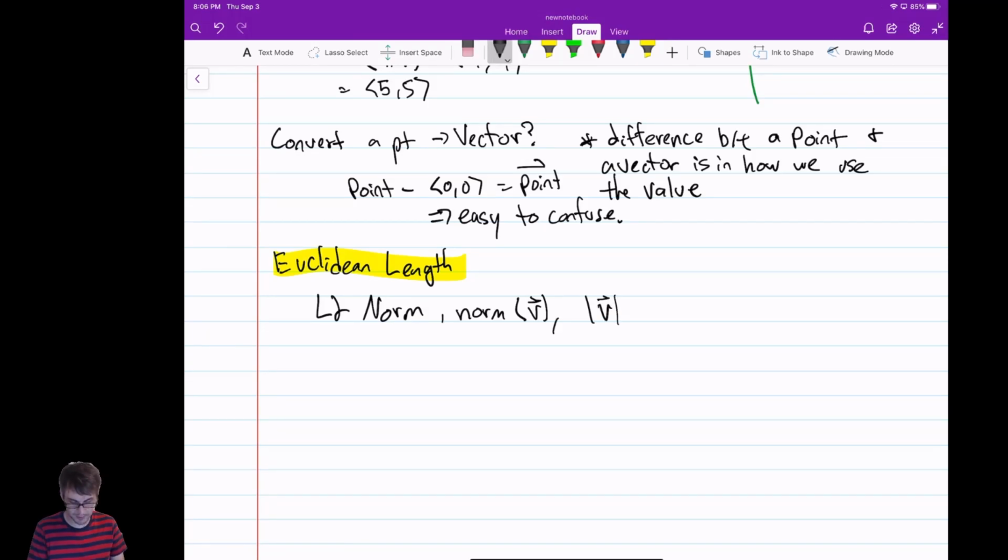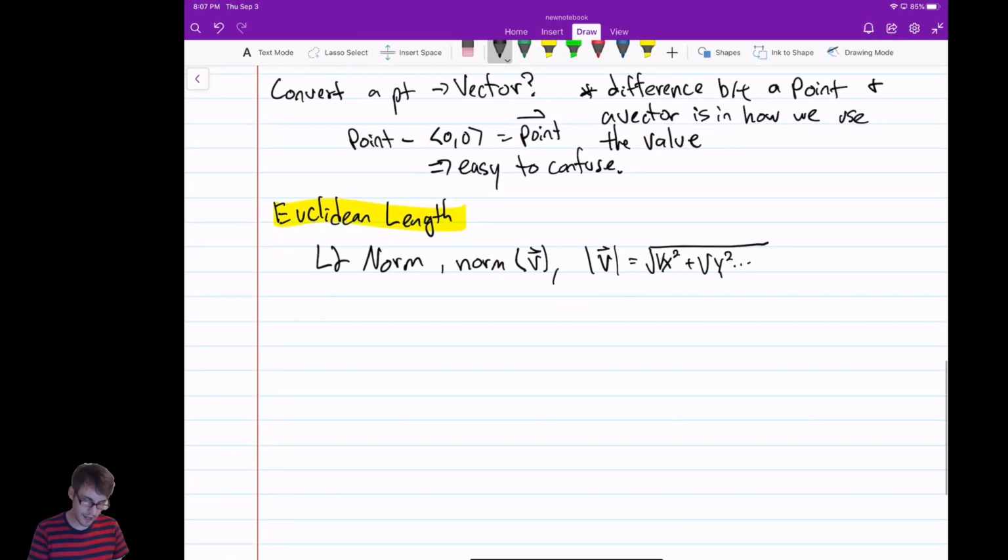I know this looks like absolute value, but for vectors it means length of the vector. The way you calculate it is you take the square root of vx squared, because it's my v vector, plus vy squared, and so on for each component. So it's just like the hypotenuse of a triangle in high school: x squared plus y squared equals c squared. Take the square root to find c. It's no big deal. That's called Euclidean length, and you're probably going to use this.